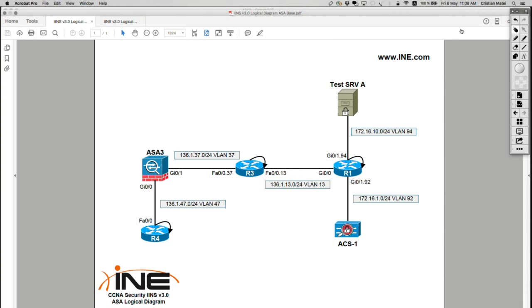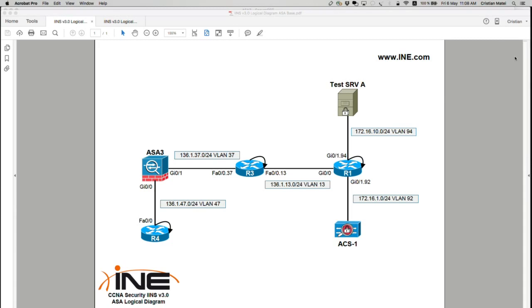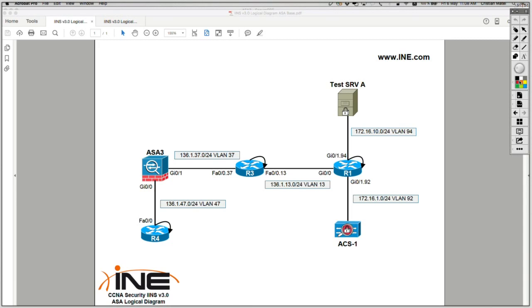Looking back at the diagram again, it means that, for example, let's say that you split this ASA. You have a model of the ASA which supports, doesn't matter if it's a software or hardware module.